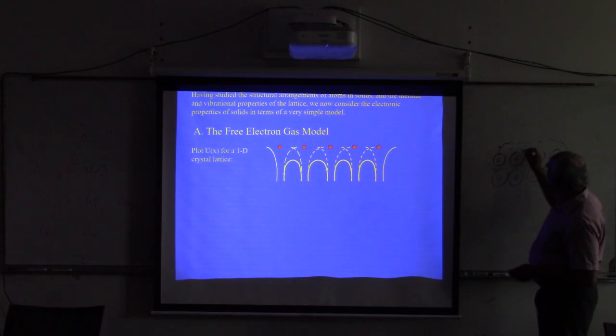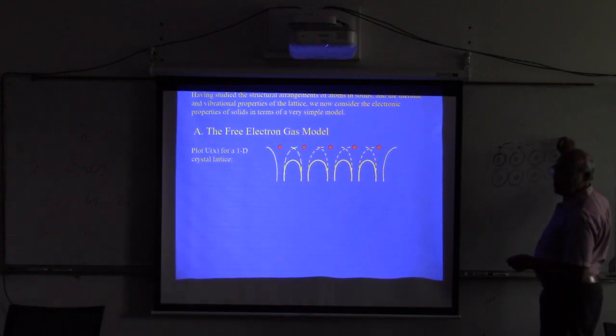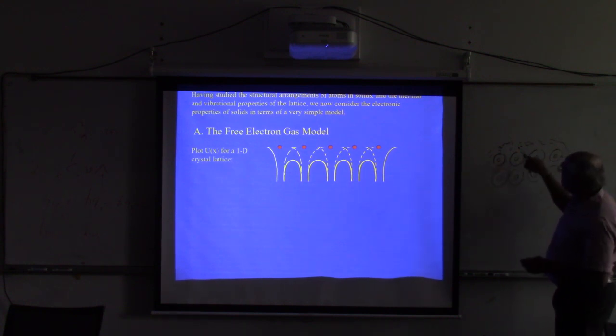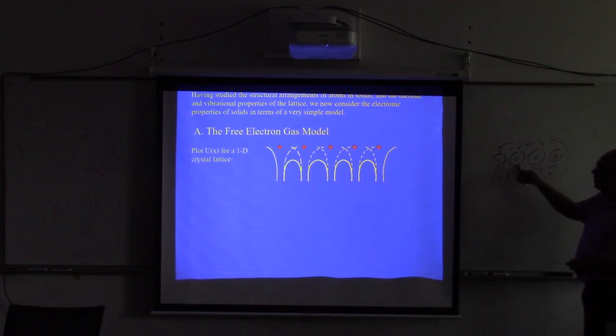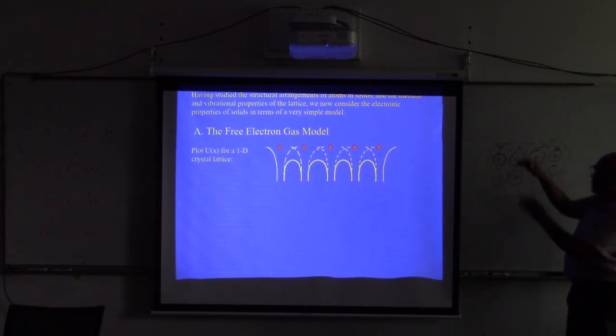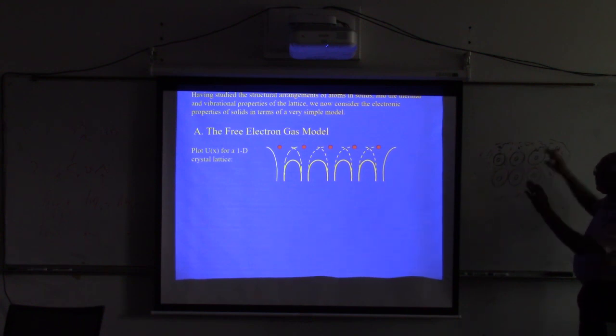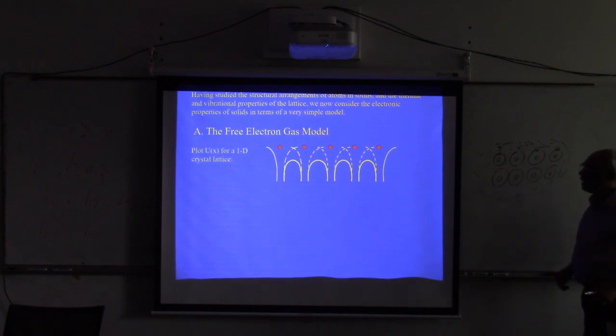So electrons coming from each atom make some kind of electron gas, moving around. That's why they can easily carry heat or electricity and things like that.